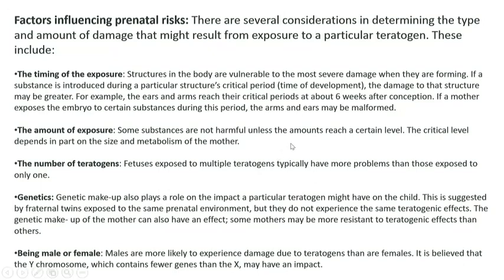The amount of exposure, certainly, you could probably come up with that yourself. Some substances are not harmful unless the amounts reach a certain level. The critical level depends on the size and the metabolism of the mother. The number of teratogens matters too: fetuses exposed to multiple teratogens typically have more problems than those exposed to only one.